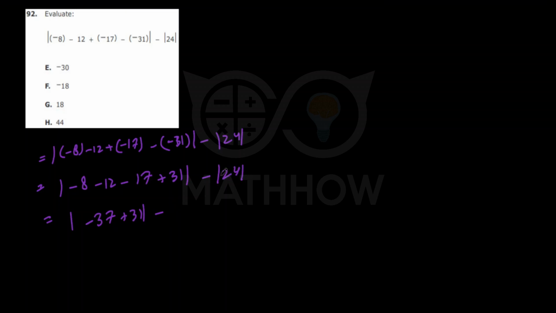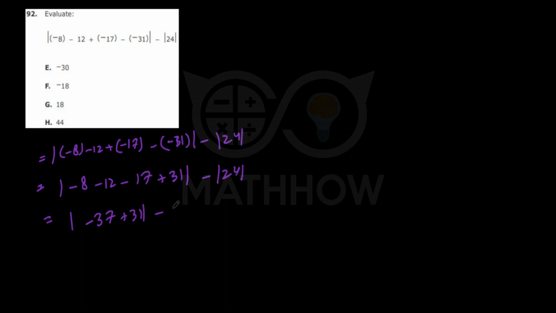This is the absolute value, and the property of the absolute value function is that it will give the answer in positive. So it doesn't matter if there is a negative sign inside the absolute value, it will result in the positive value, because the absolute value is basically the distance from the zero on the number line.